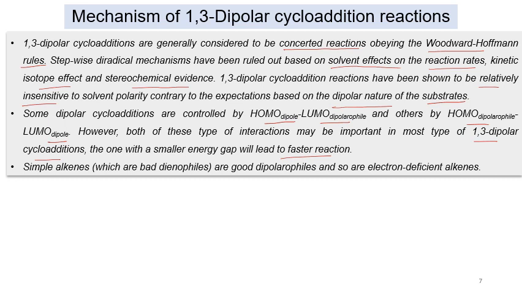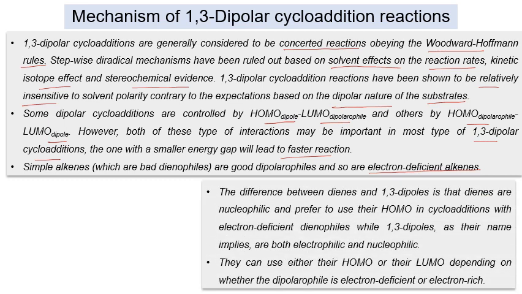One very important thing that we have to remember is that simple alkenes, which we saw are not very good dienophiles in the Diels-Alder reactions, are now pretty good dipolarophiles, along with electron deficient alkenes, which already were good dienophiles, and they are also good dipolarophiles.